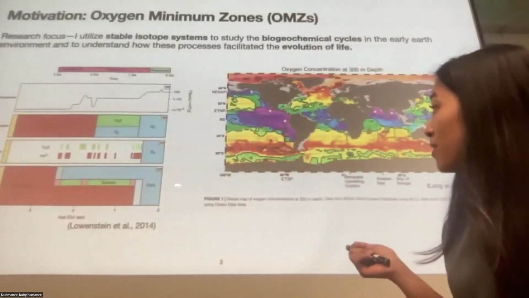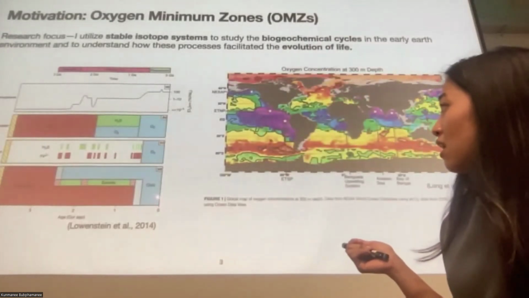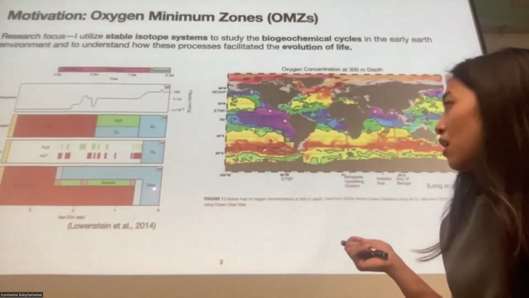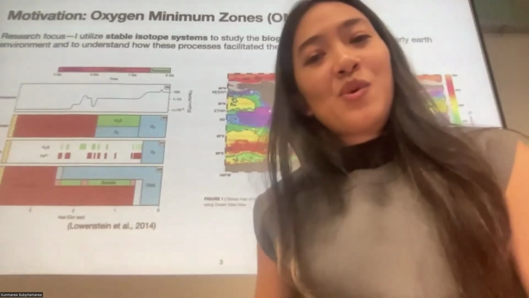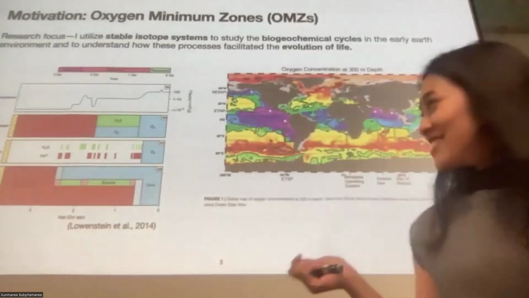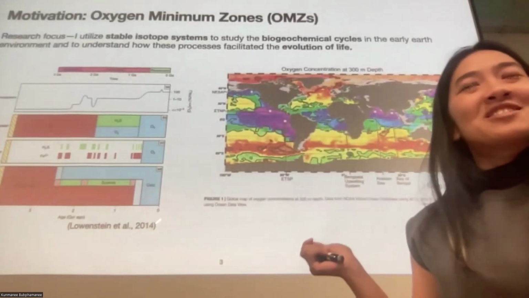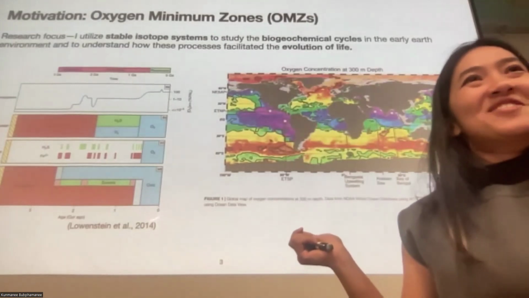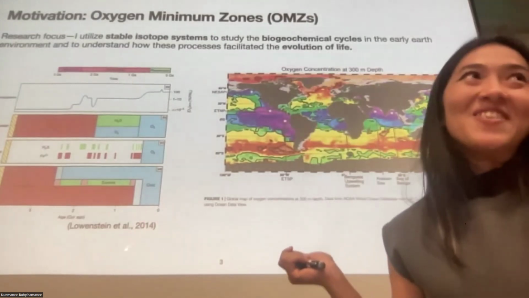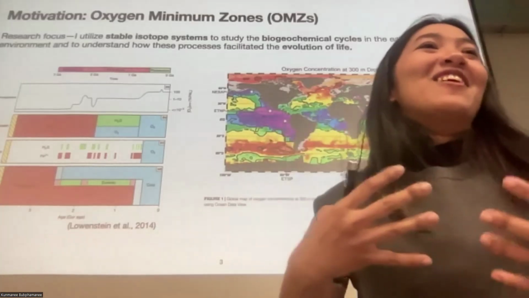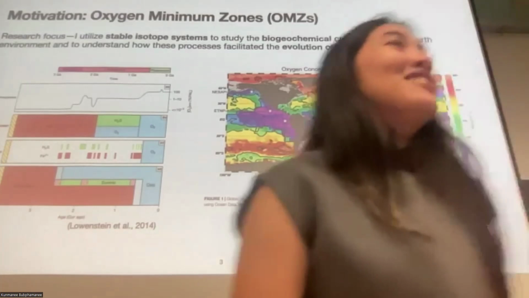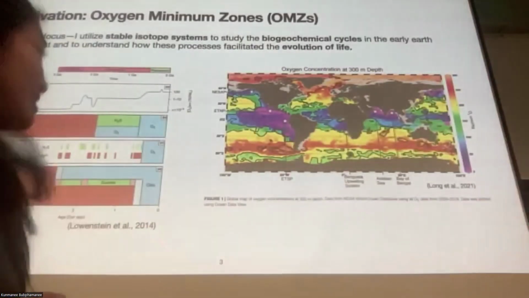But otherwise, in the modern ocean, the oxygen goes very deep into the deep ocean. If you're interested in deep ocean oxygenation, you should come to my general exam on January 22, where I will explain when the deep ocean got oxygenated.